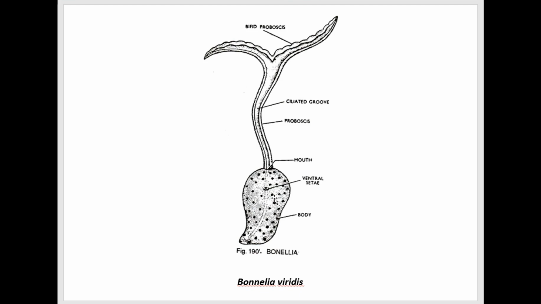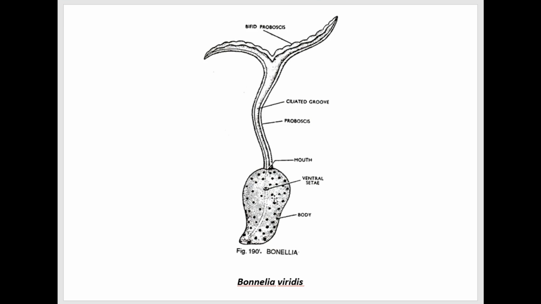Naturally, when the eggs of the Bonellia develop in nature, they tend to develop into females. Suppose the larvae of the Bonellia are undifferentiated, neither male nor female.